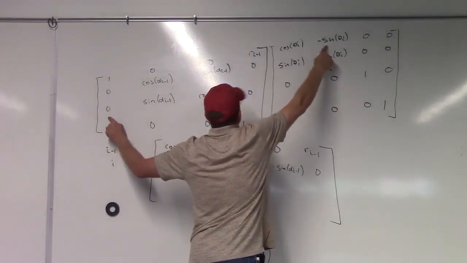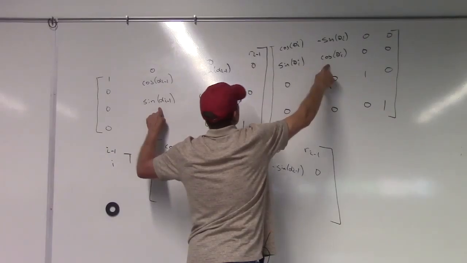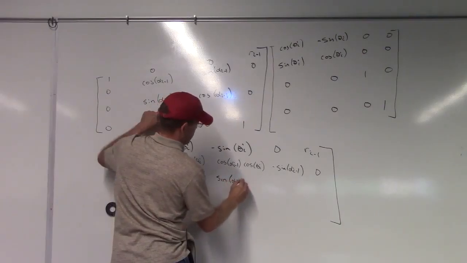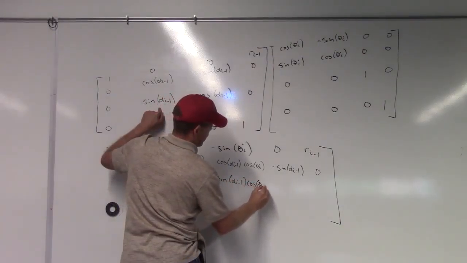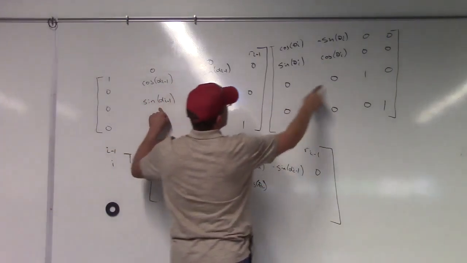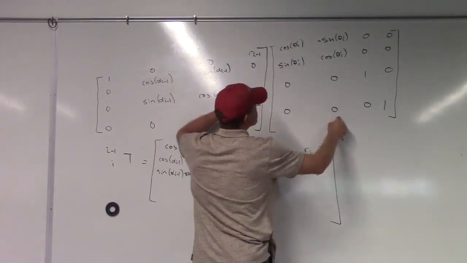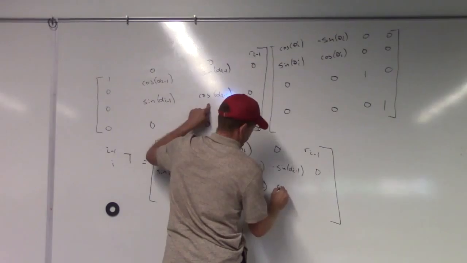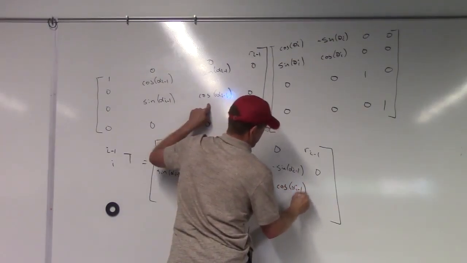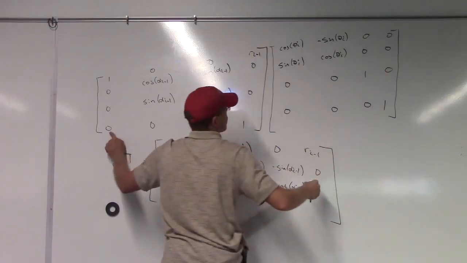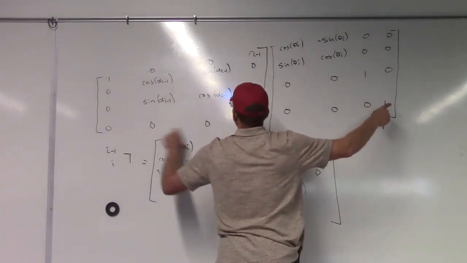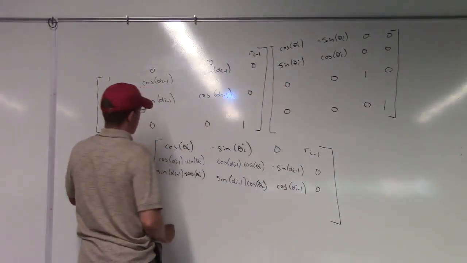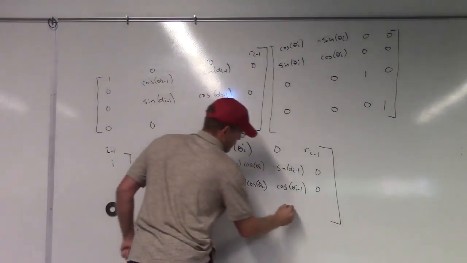Third row by second column is cosine times sine, so sine of alpha i minus 1 cosine of theta i, 0 and 0. Third row by third column is cosine of alpha i minus 1, 0 for the fourth element, and then finally 0, 0, 0, and 1.